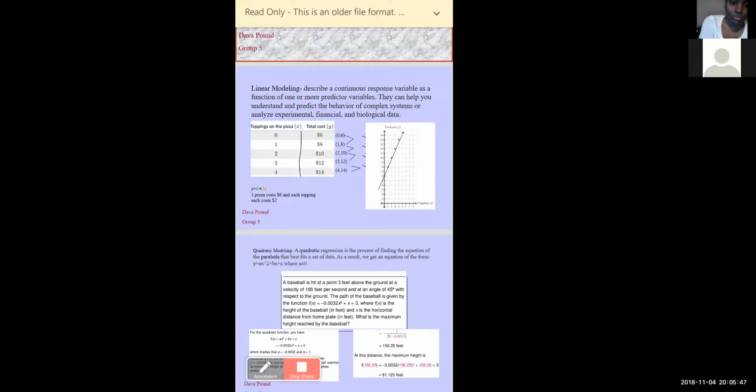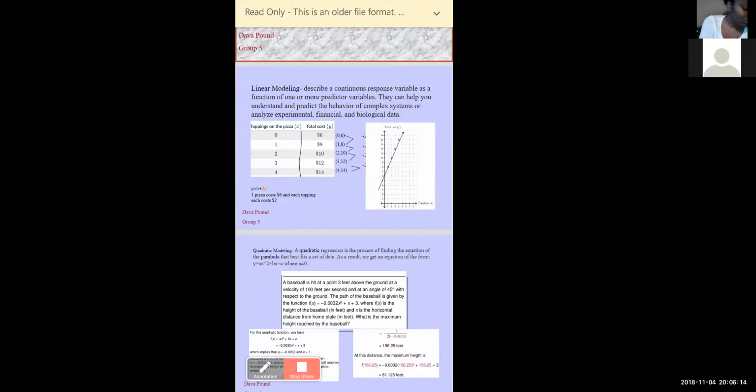So with this example, I used pizza and toppings. As you can see, 0 toppings on a pizza is an automatic cost of $6. So going with a pizza costing $6, 1 topping means $8, and so on, which means it's increasing by 2.